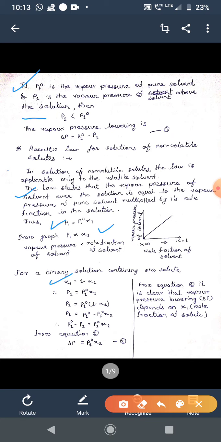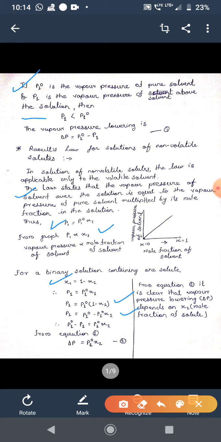Therefore, we can write P1 is equal to P1 naught into x1. Instead of x1, we can also write the equation as P1 is equal to P1 naught into 1 minus x2, and after multiplying by P1 naught, the equation obtained is P1 is equal to P1 naught minus P1 naught into x2. After solving, the final equation obtained is P1 naught minus P1 is equal to P1 naught into x2.